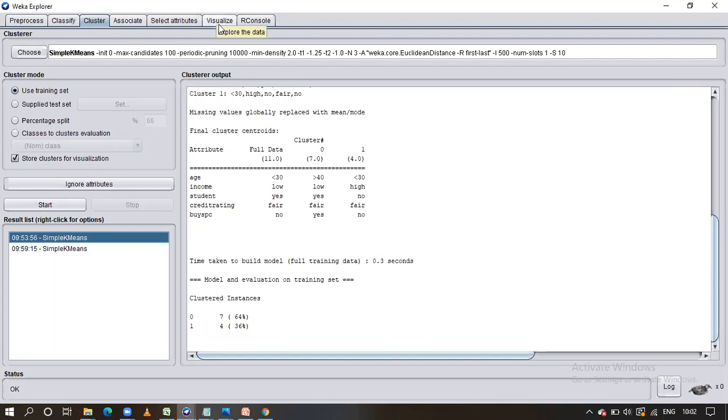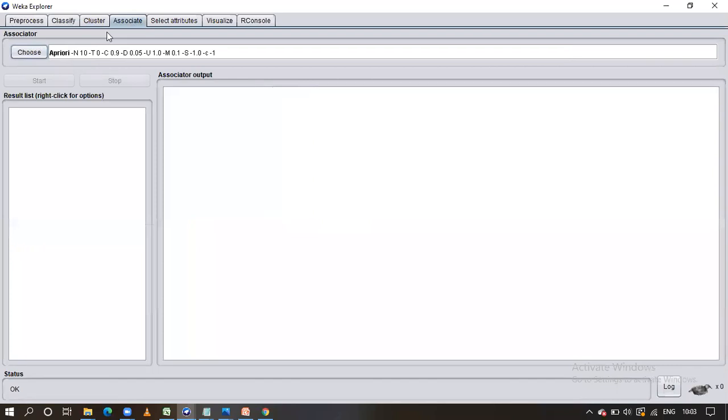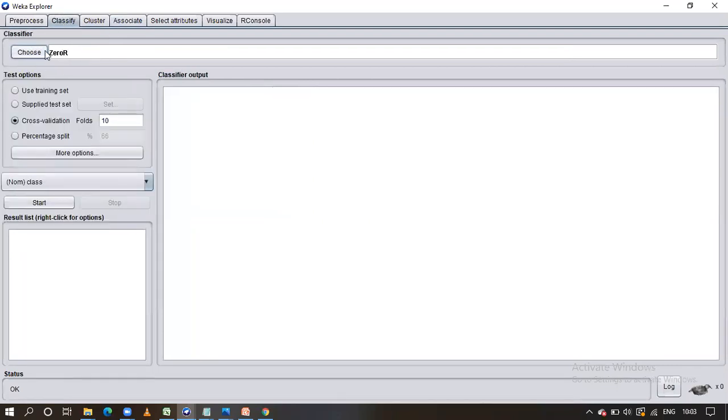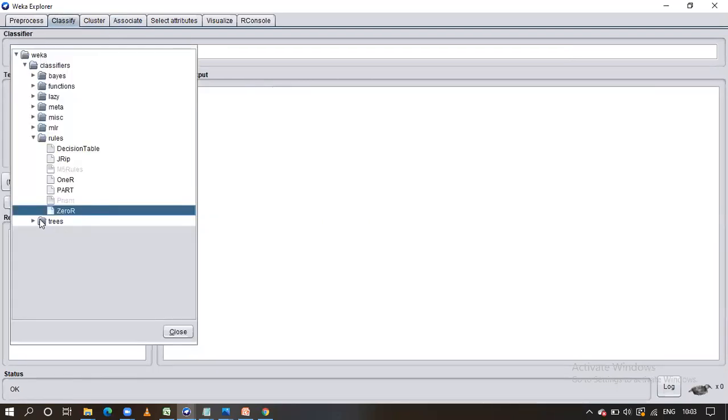For visualization purposes, I use the visualize tab. The first two experiments are related to the pre-processing tab. Association means the apriori algorithm. Classification means we have different tree structures like the J48 algorithm and the ID3 algorithm, and naive Bayes also comes under classification.